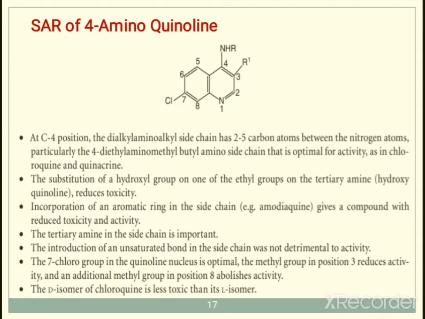So at the C4 position, the dialkylaminoalkyl side chain has 2 to 5 carbon atoms between the nitrogen atoms. Between these nitrogens, at least a 2 to 5 carbon side chain, the dialkylaminoalkyl side chain, is required for activity.